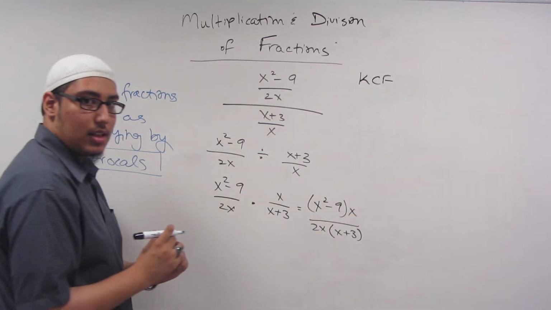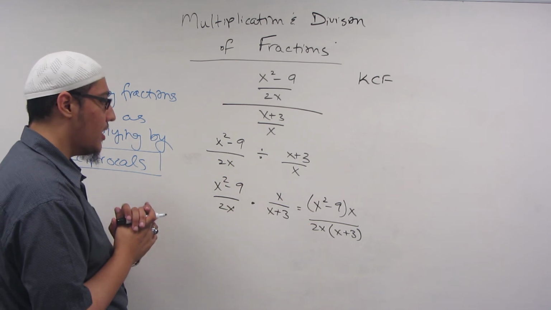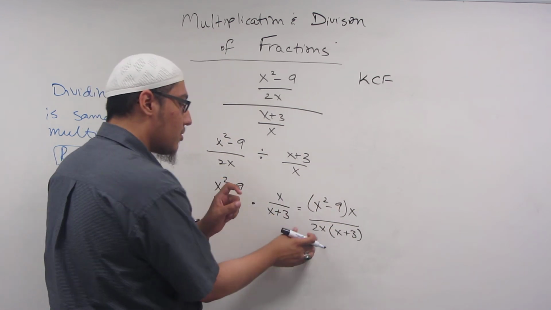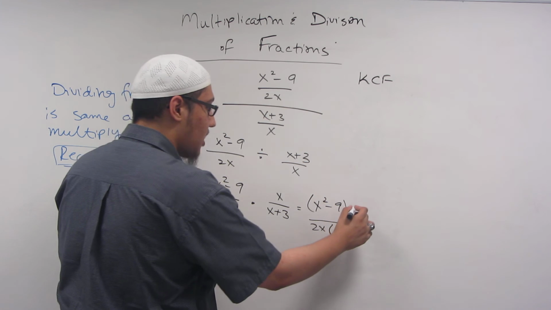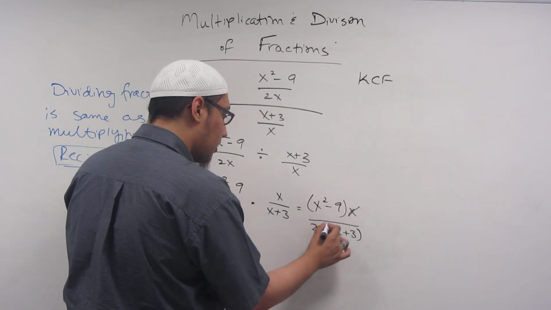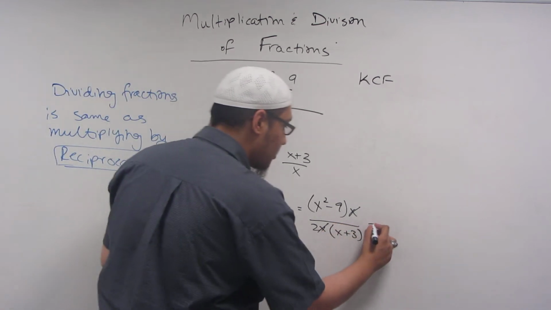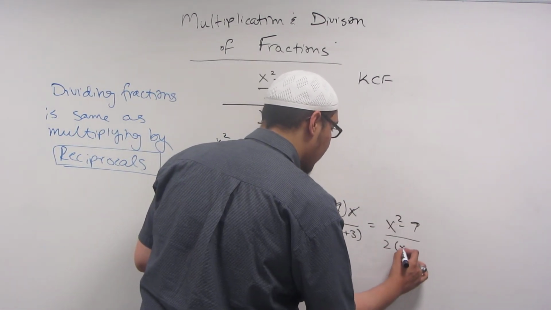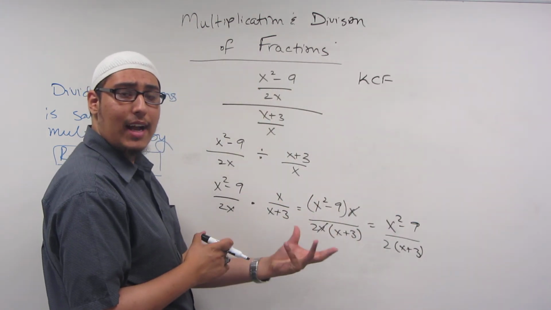All right. Let me try to simplify this now, because this can be simplified. The idea is that we have x times an entire other term on top. Over here we have 2x times an entire other term. If we have x on the top, you can simply cross it out with the x on the bottom. Which gives us x squared minus 9 divided by 2 times x plus 3. x squared minus 9 we can factor.